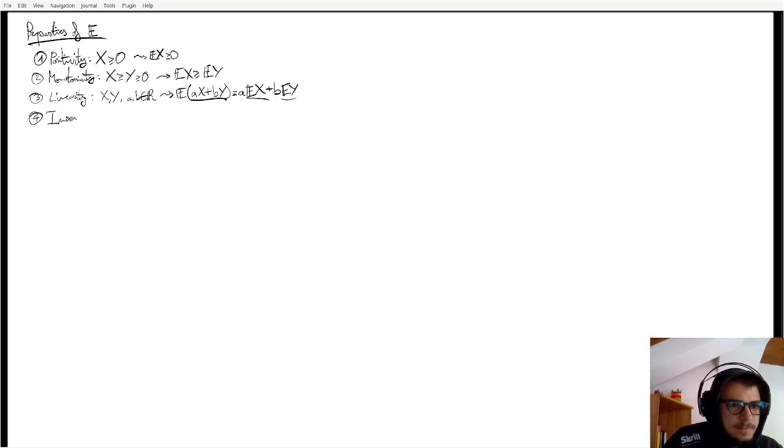Insensitivity. Does it mean that if we have x equal to y almost surely, then the expectation of x is the same as the expectation of y?